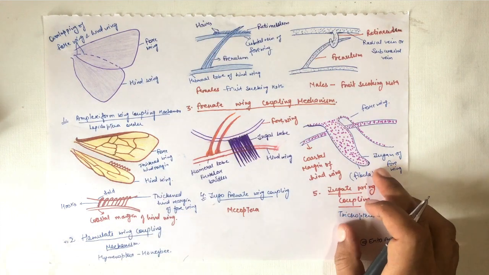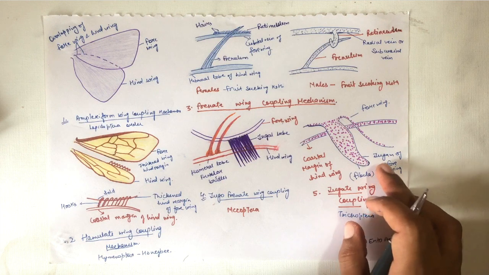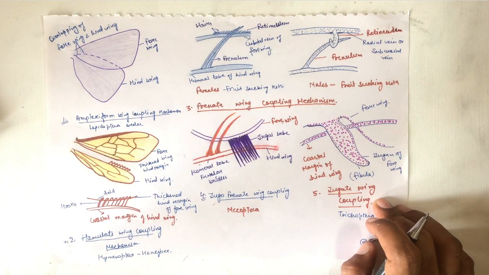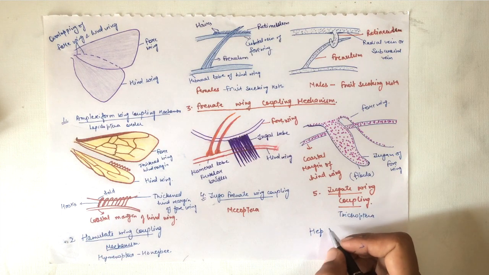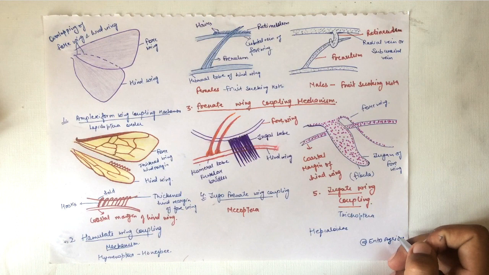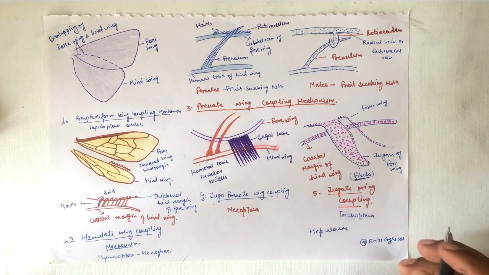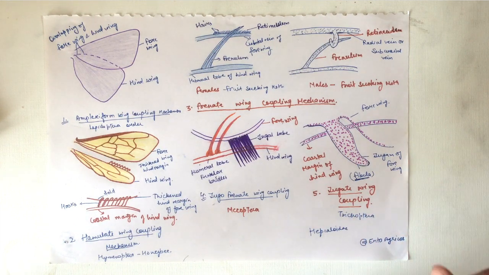This jugal lobe is present and lies on the top of the hind wing during flight, and this lobe is relatively larger in family Hepialidae, in case of the hepialid moth, and this is called the fibula, which remains folded beneath the forewing during rest.